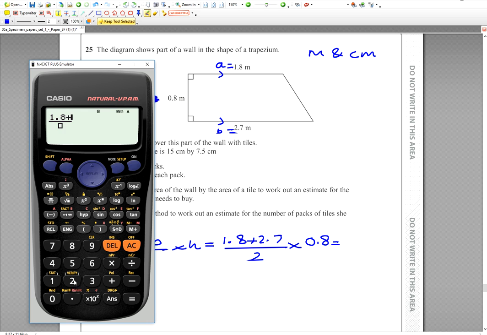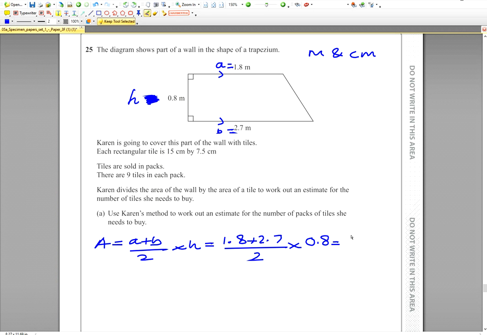Okay, you do 2.7 plus 1.8, divided by 2 and then times by 0.8, which equals 1.8 meters squared. And then we have to use meters squared.